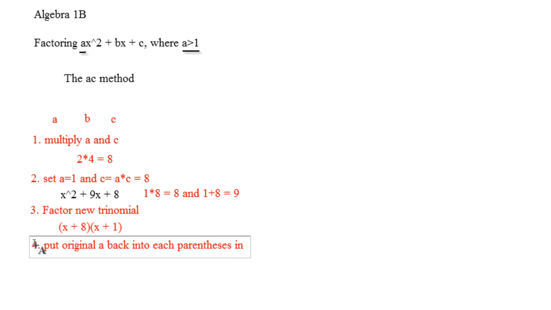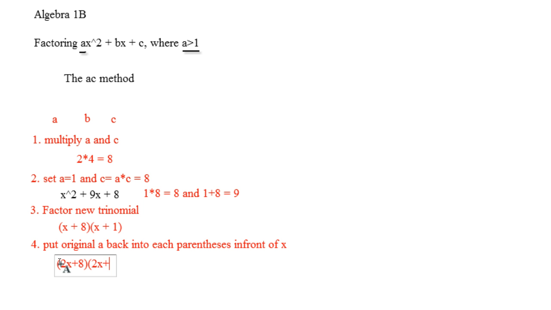Well, let's take this one step at a time. In front of x. Alright, so I'm literally going to put it back in. So instead of x plus 8, it's going to be 2x plus 8 and 2x plus 1.